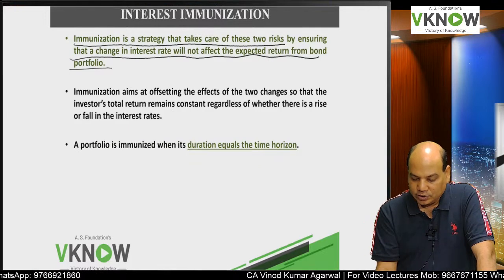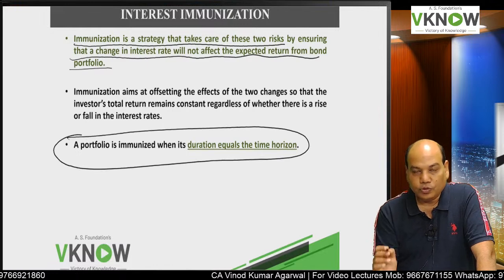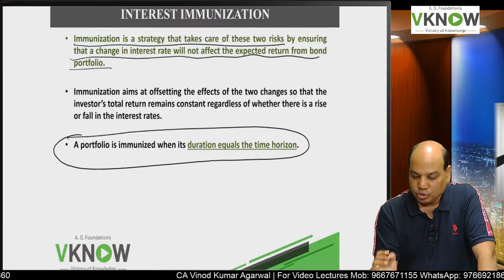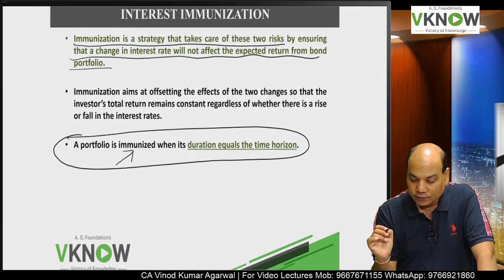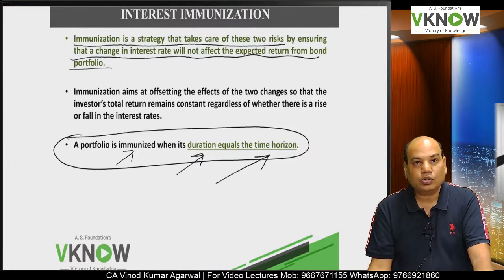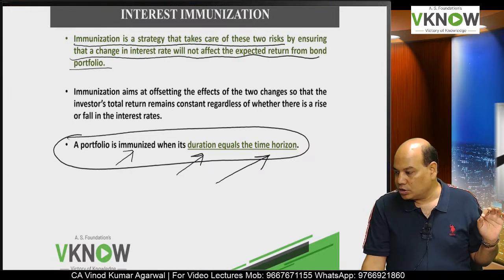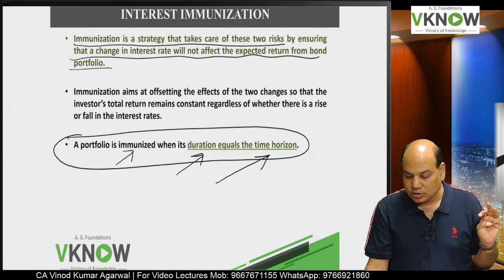Underline this whole thing: a portfolio is immunized, means protected from changing interest rate, if the duration of the portfolio is equal to the desired time horizon. What does that mean?